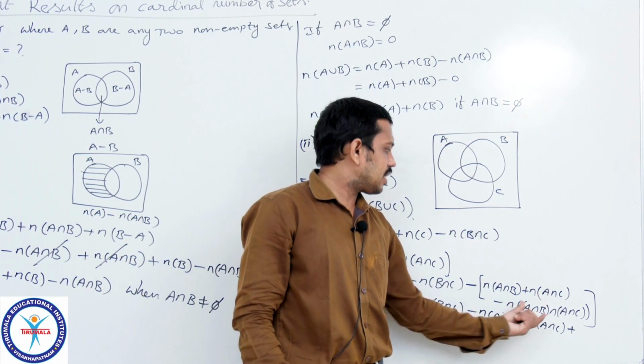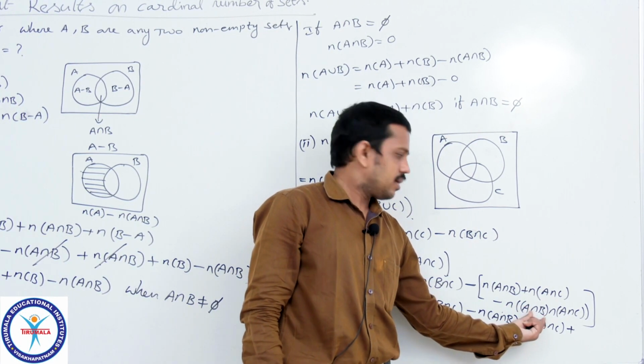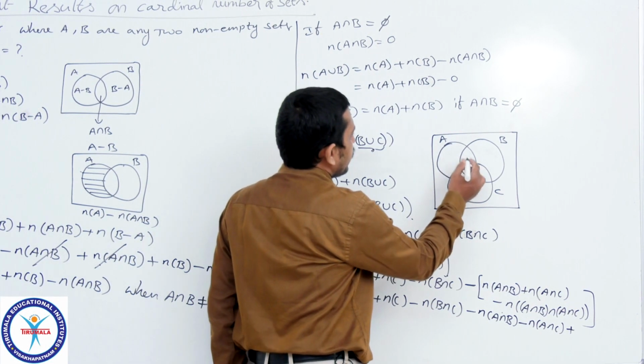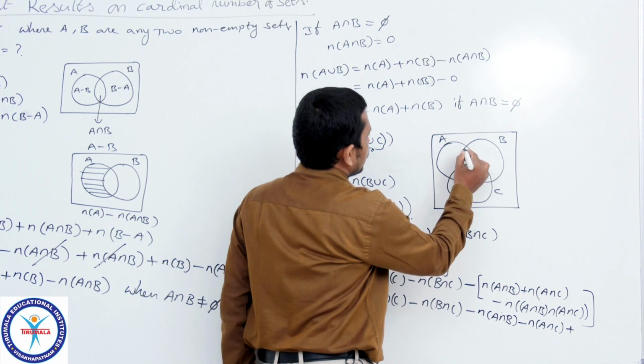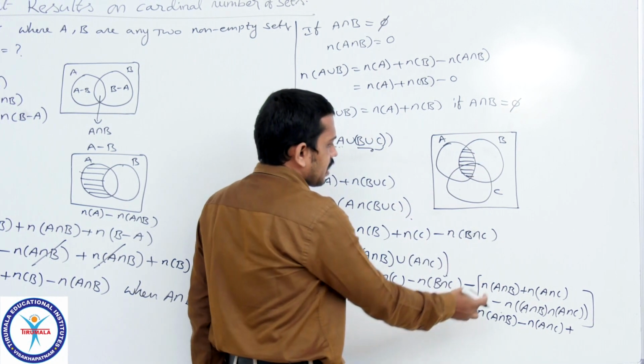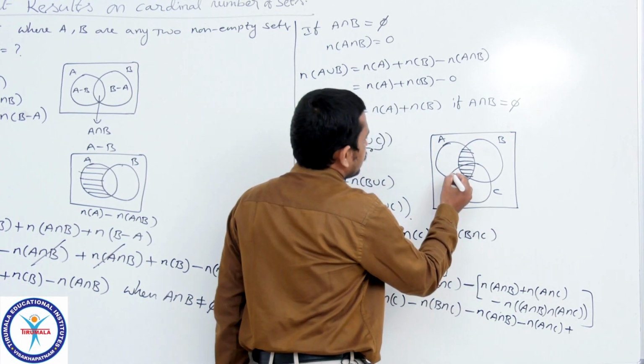A intersection B is the common region for A and B, and A intersection C is the common region for A and C. What is the common region for A and B? This is the common region. And what is the common region for A and C? This is.